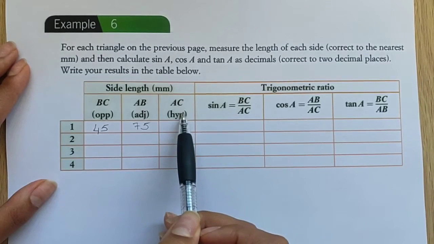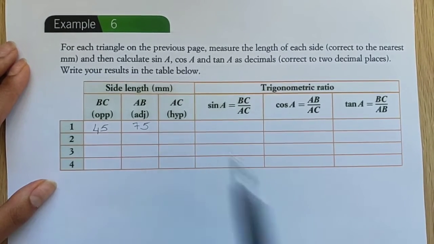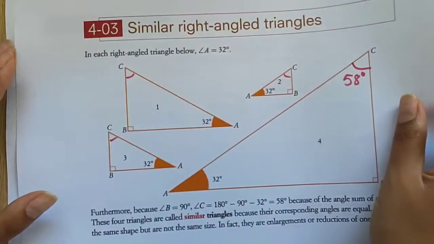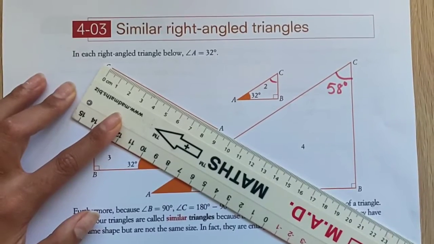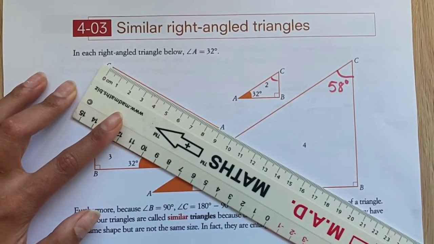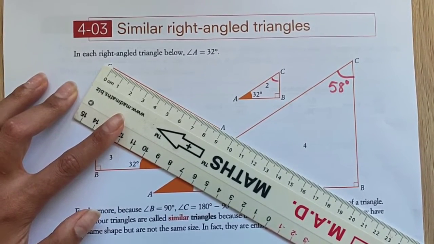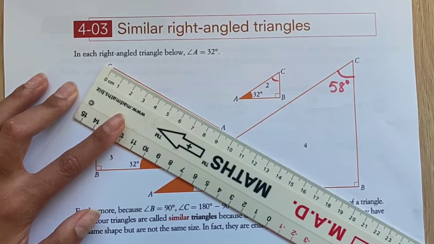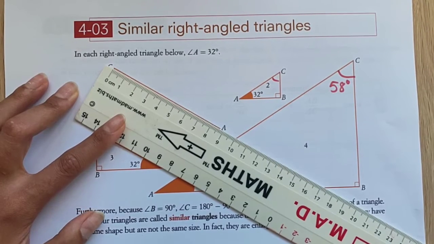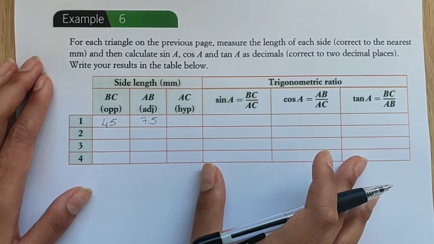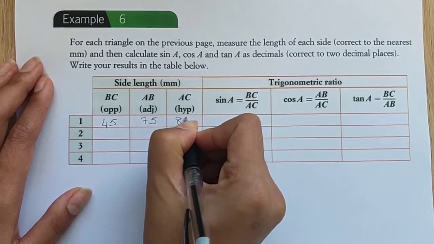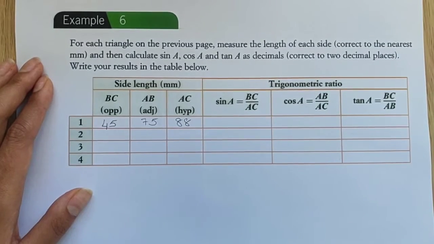Now we want to measure the hypotenuse AC for the first right angle triangle. Here on my ruler, the length AC looks approximately 8.8 centimeter. So 8.8 centimeters in terms of millimeter is 88, so I'm going to write 88.